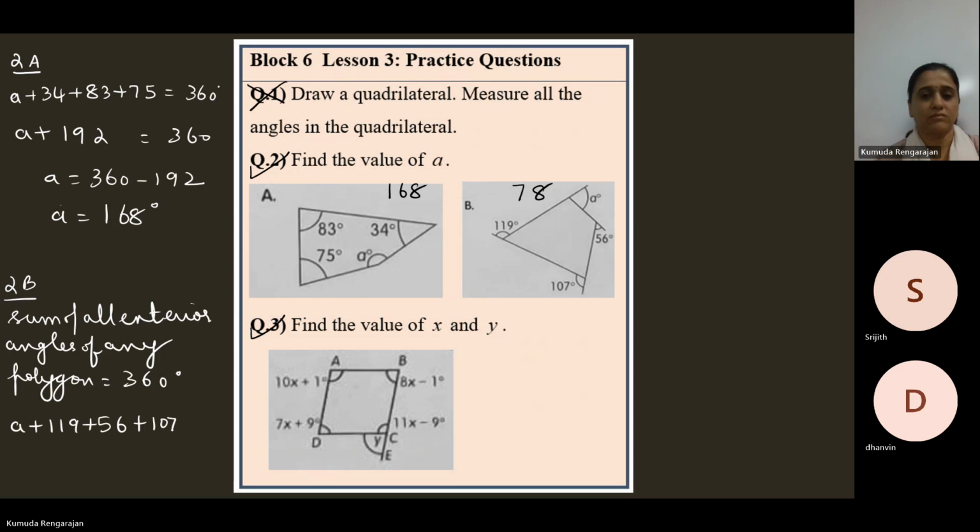What's the total? What's the sum of these three numbers?